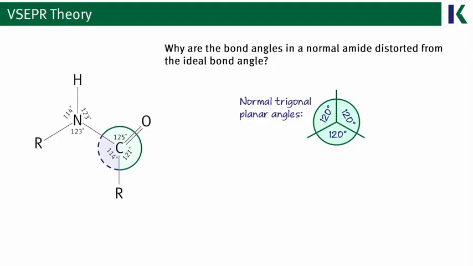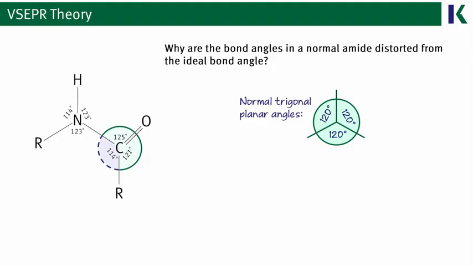The reason why those bond angles highlighted in green are slightly larger than ideal is all about the double bond. That double bond has twice as many electrons as a single bond has, and so those electrons need to take up a little bit more space. The point is, for that carbonyl carbon, these quote-unquote deviations from normal are actually a positive thing. They mean that that carbonyl carbon is making space for its extra electrons.